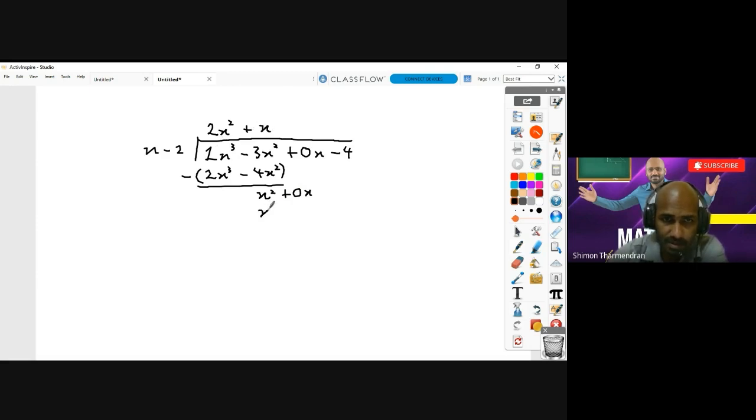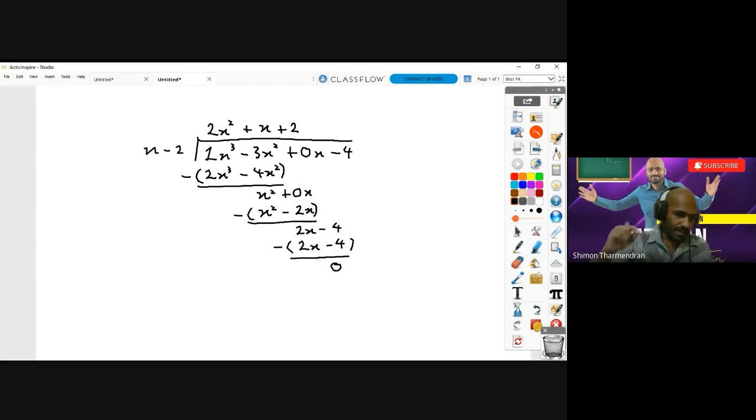So we've got x squared minus 2x. Open bracket. Minus and minus give me 2x minus 4. To get a 2x, I need to put a plus 2 here. 2 times x is 2x. 2 times minus 2 is minus 4. As expected, we get remainder 0.